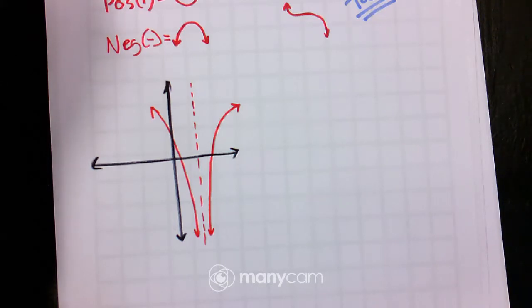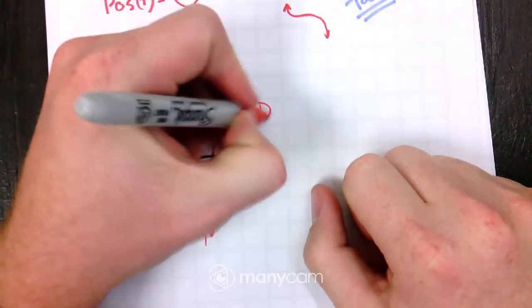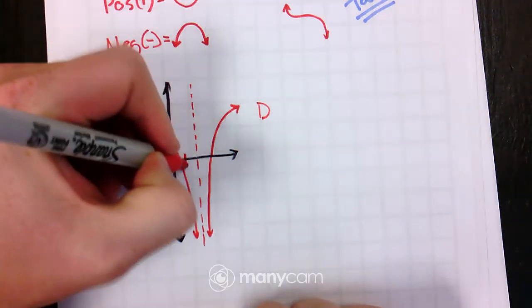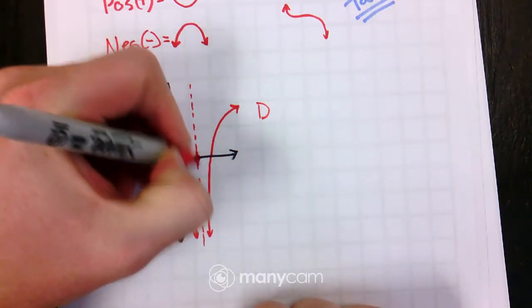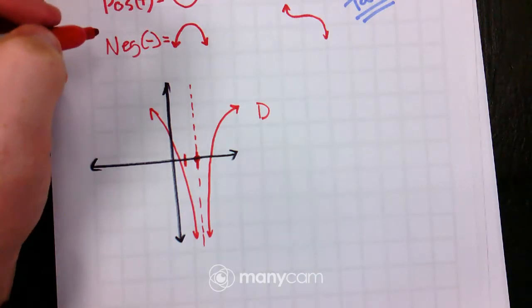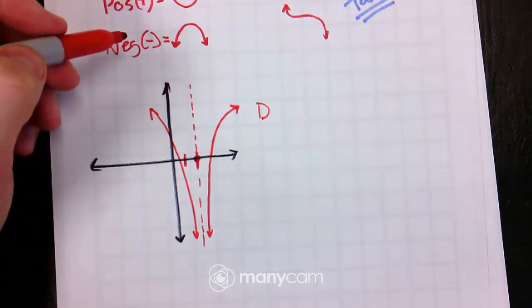First of all, it asks me for my domain and range. What's my domain? Let's say this is 2 right here, okay? Yeah, it is 2. x equals 2 is that line.